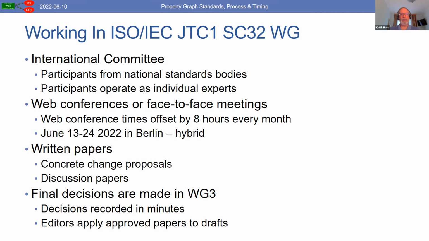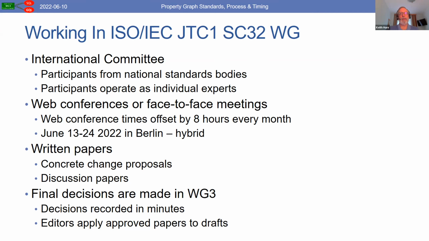We have 8 or 9 people in the room. It's varied a little bit for a couple of reasons, but we also have a web conference aspect, so it's a hybrid meeting. And we've had participants from China, Korea, Japan, the US, and various places in Europe.